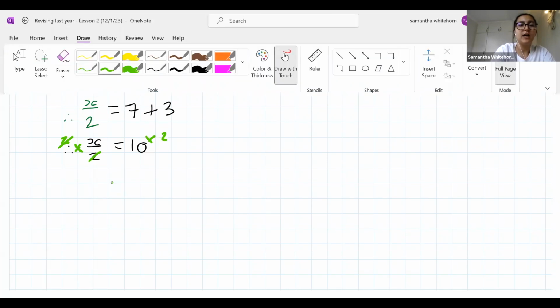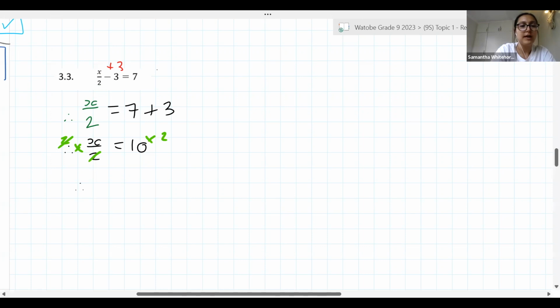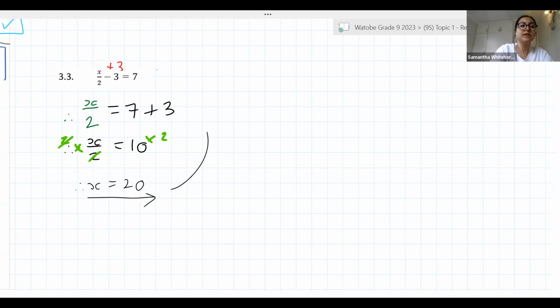And so if I times 10 by 2, I get that x is equal to 20. Now again, you can go and check yourself. If you substitute 20 into your fraction, 20 divided by 2 is 10. 10 minus 3 gives me 7. And so x is equal to 20.